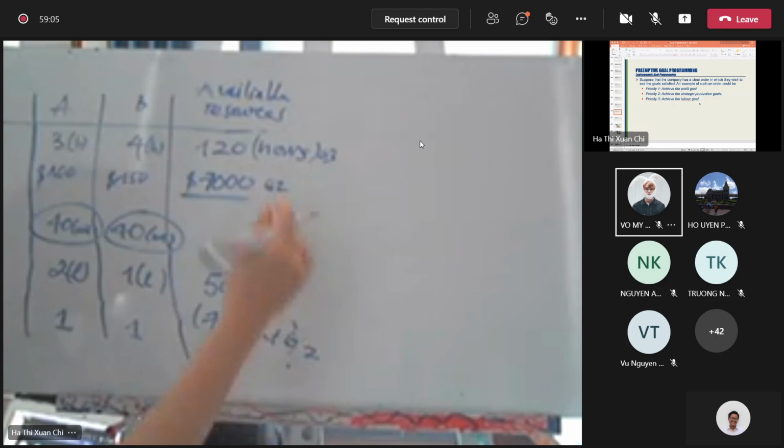Look at the slide, they have no more than. So we have 3x1 plus 4x2 less than or equal to 120. And 100x1 plus 150x2.